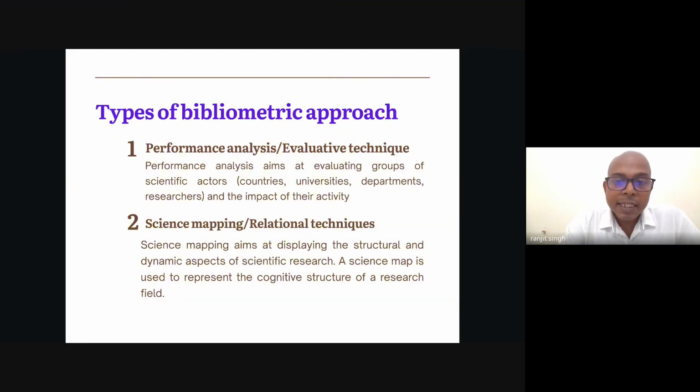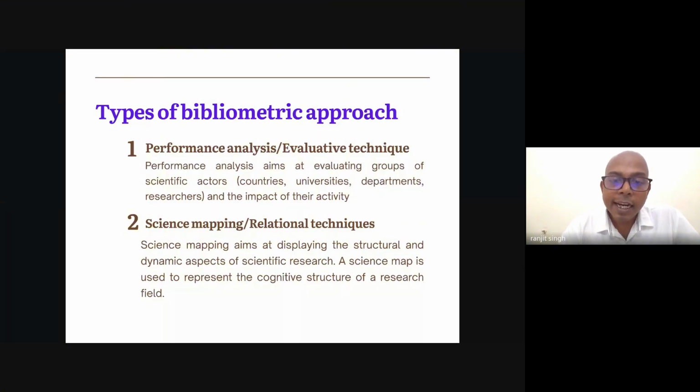But in the case of science mapping and relational technique, we will be using different types of relational techniques. Relational technique means it produces different clusters, and these clusters will act as concepts, because these clusters are produced based on the relation between keywords, relation between authors, relation between countries.